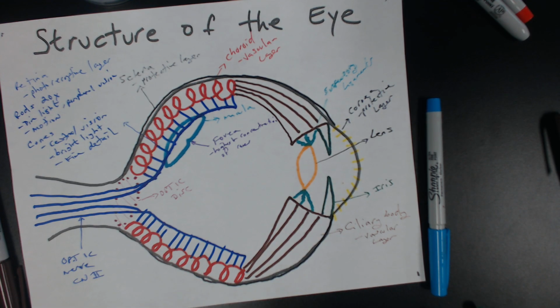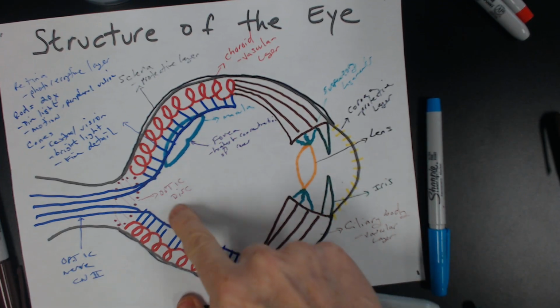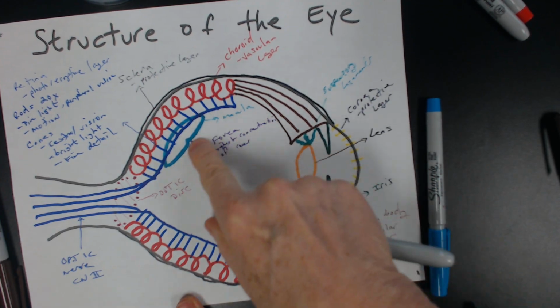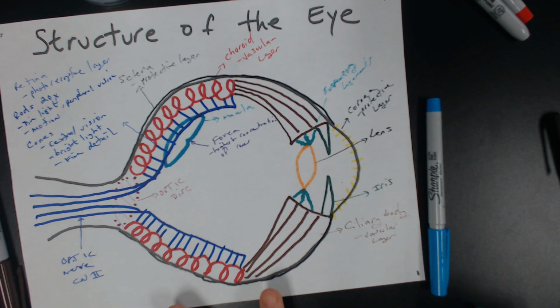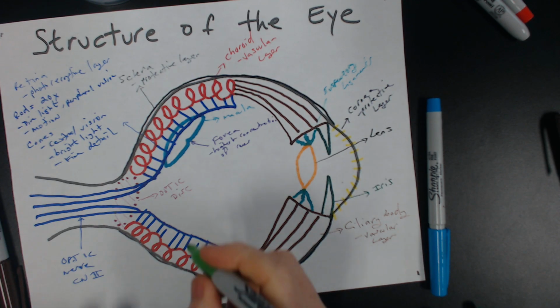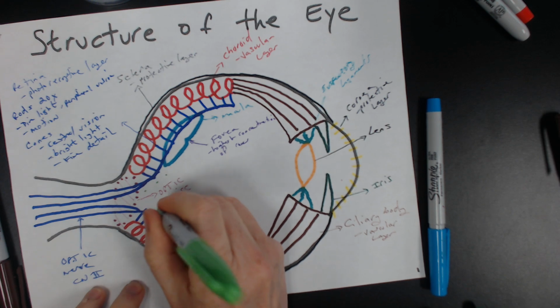You should also be aware of the fact that the space inside the eyeball isn't hollow. It's filled with a gelatinous fluid called vitreous humor. I'll just represent that as little dots here.